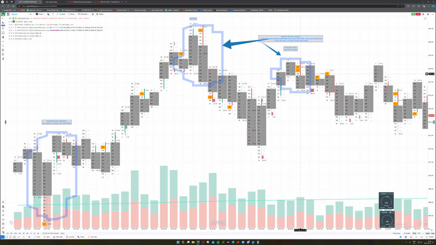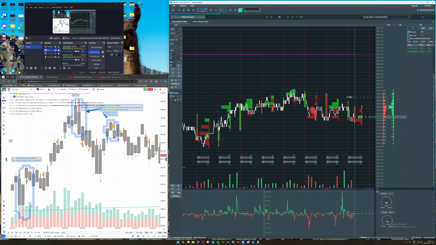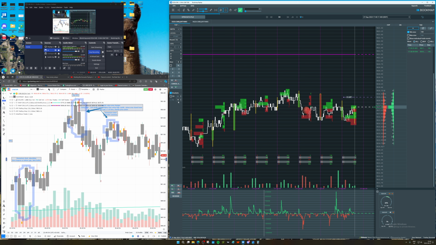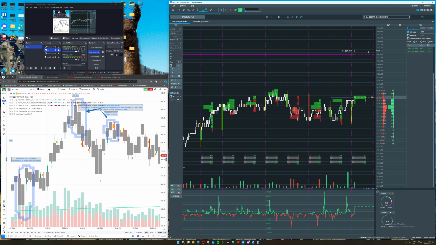So we have a value area gap, and also aggressive selling. When I saw that, I just entered that trade, and I risk 3.5 points per trade. So it is automated. You can see on the Bookmap 14 ticks, so my stop loss is going to be above this area.